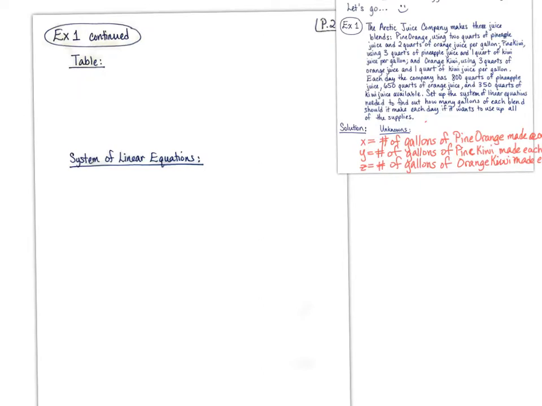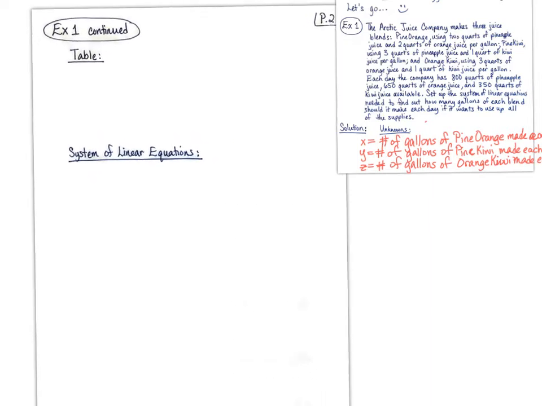Now we're going to put a table together with all of the information given. The first thing first, we need to make sure we label our table and what to fill it in with.